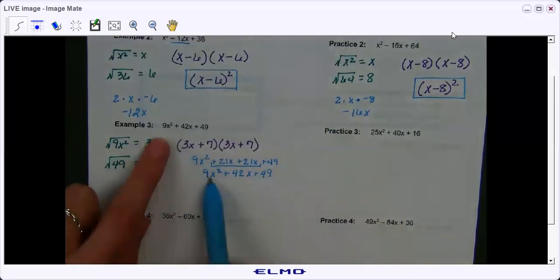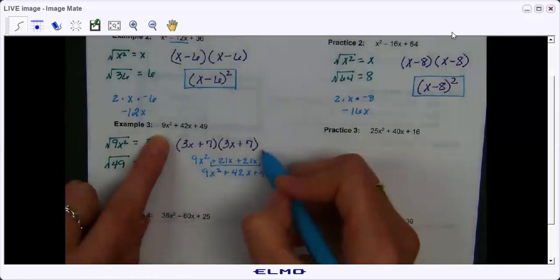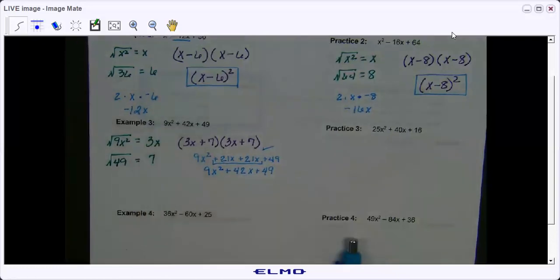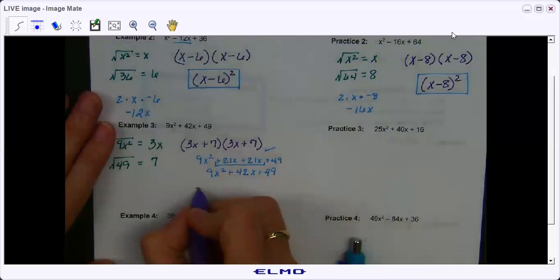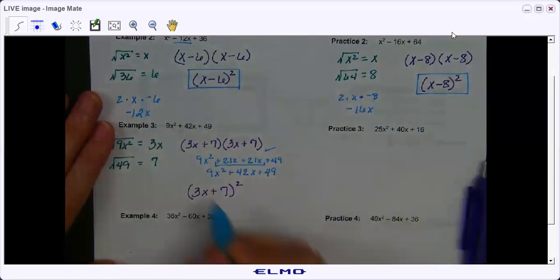And so when I check, I have what I started with. So I know that this is correct. And the way that I'm going to write my final answer, because they're the exact same terms, is 3x plus 7 squared. This is my final answer.